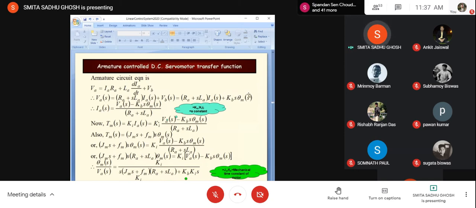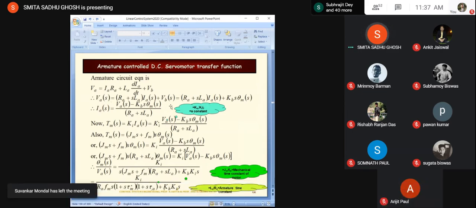So from there, we take IA on one side. IA is equal to VA minus Kb s theta m(s), this coming to that side, and the whole thing divided by RA plus s LA. So IA is equal to VA minus Kb s theta m(s) by RA plus s LA. So fine, we have now got an expression where IA, VA and theta m are all present.